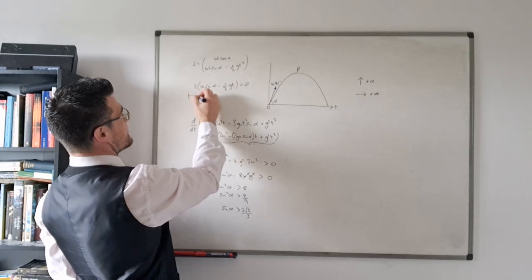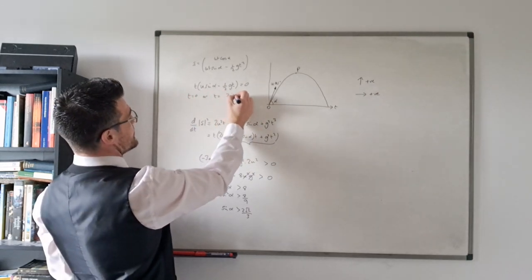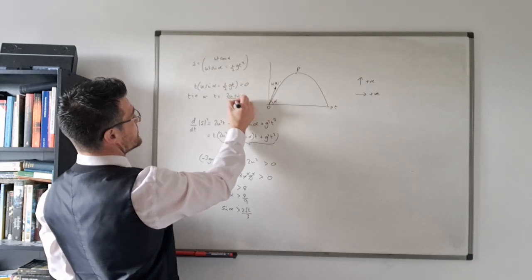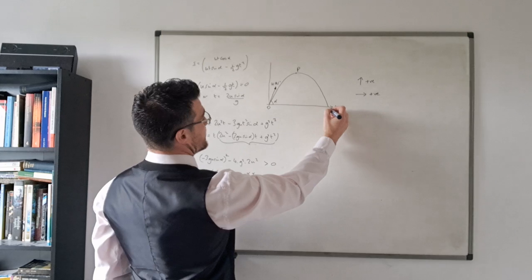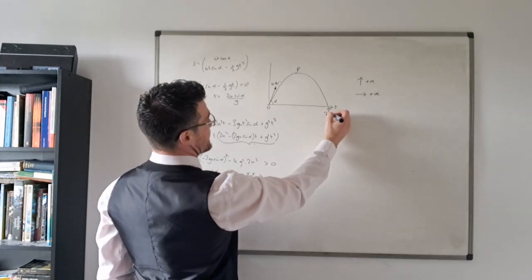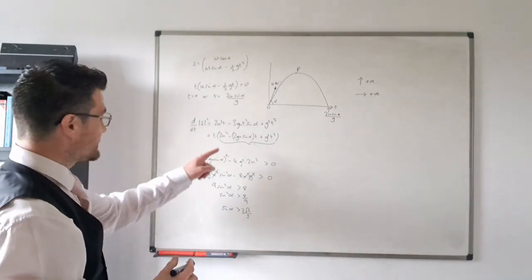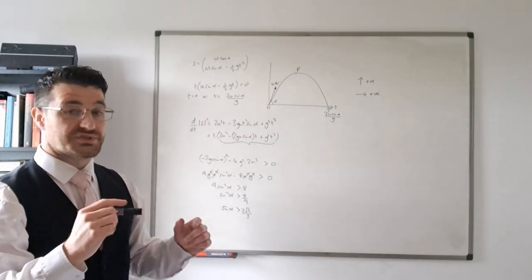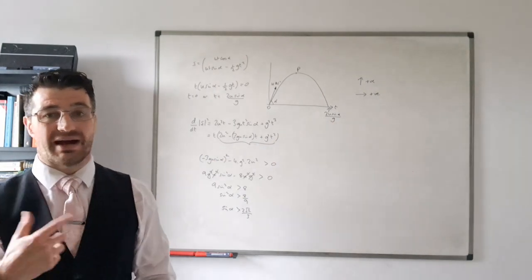So that means that t equals 0, or t equals 2u sine alpha over g. So in other words, this time here is 2u sine alpha over g. So what I need to show is that this function is going to be negative for some values of t less than this. So how might I do that?